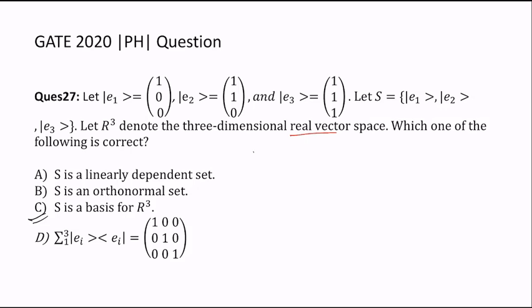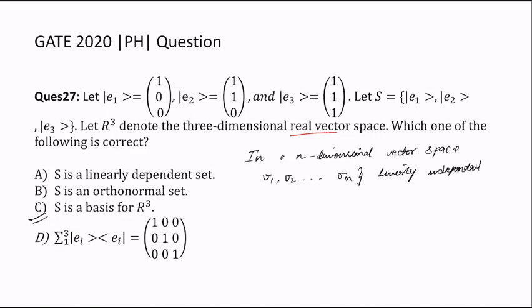So we know that in an n-dimensional linear vector space, if we have vectors v1, v2 up to vn, and they are linearly independent, then these vectors are called the basis vectors, or the basis of R cube, where R cube is nothing but a three-dimensional real vector space.